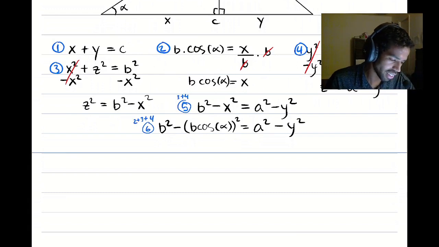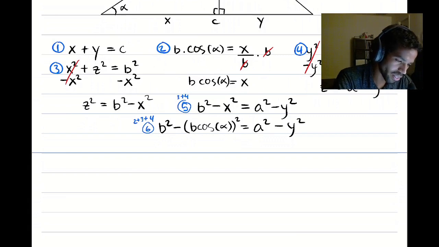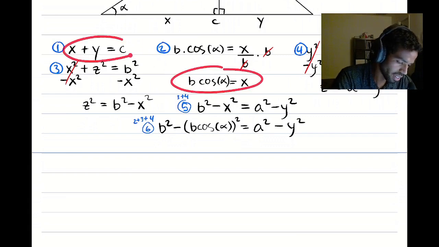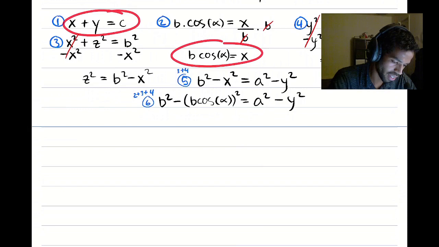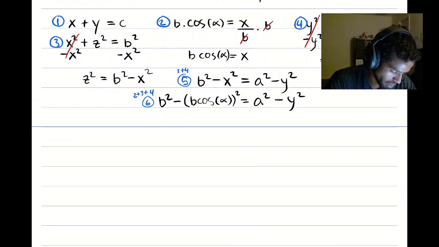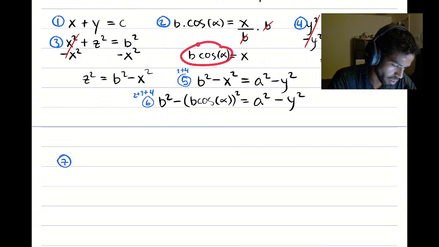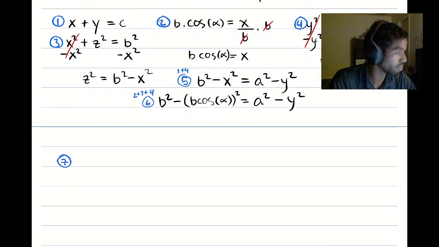And now I'm going to combine equation 2 and equation 1. Okay, so I'm going to do that over here. It's like a separate equation 7. So I'm going to take this and plug it into this x over here.